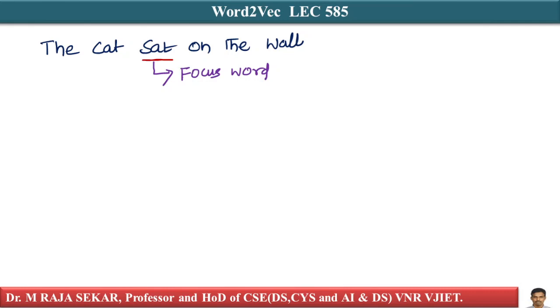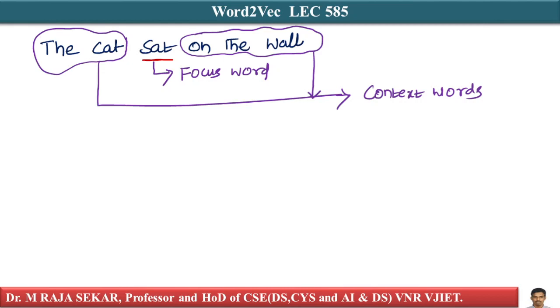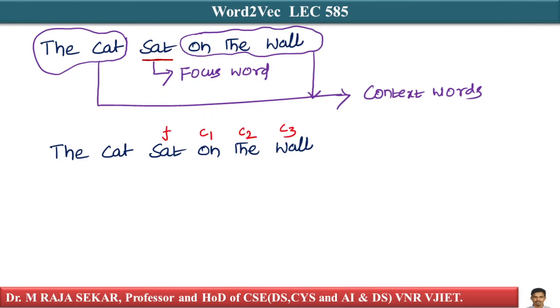Let's call the focus word F. What are the context words here? This sat is the focus word. What are the context words? This is context word 1, context word 2, context word 3, context word 4 and context word 5. How many context words do we have here? I have 5 context words.